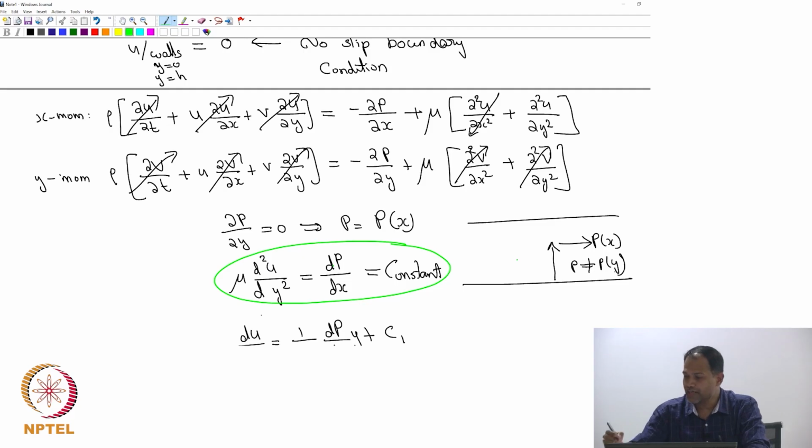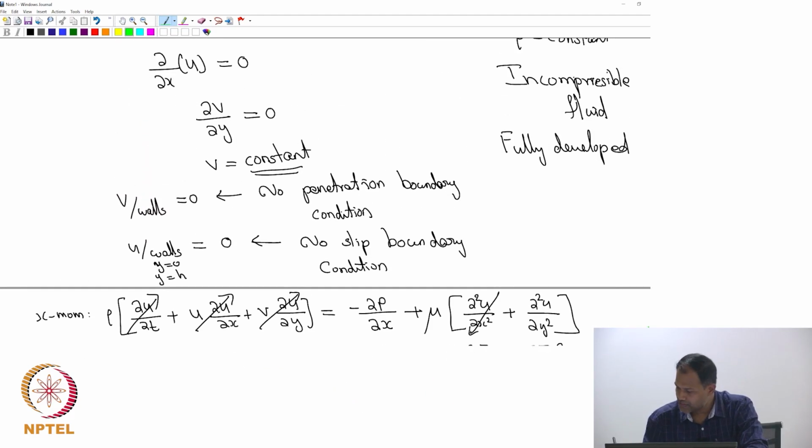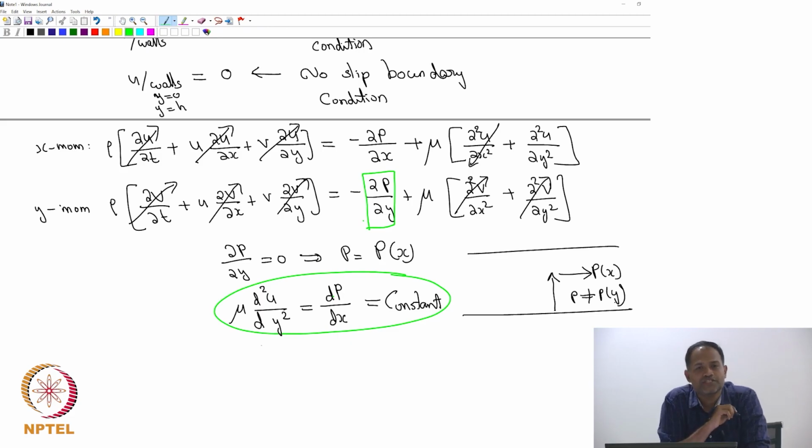In reality that would mean that this quantity, dP by dy, is really rho g, if you wanted to include that. So, the pressure will split into two parts. Pressure will have a hydrostatic part which will balance the gravity force, and then there is a pressure variation in the x direction which is going to balance the viscous forces. Does that make sense?